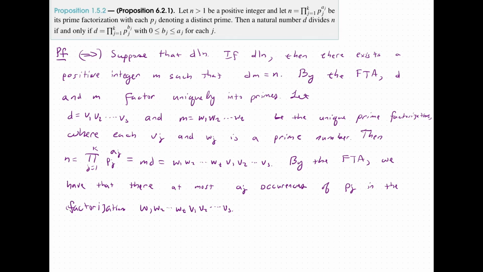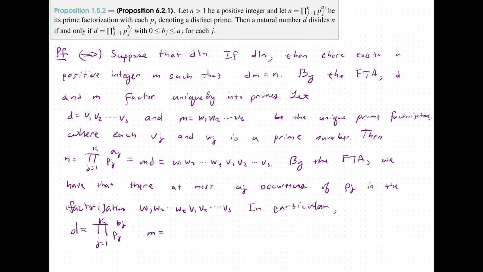And so if there are at most a sub j copies of some p sub j, this is telling us that this here must be equal to this here, but after rearranging, we have the following. So in particular, we get that d must be equal to the product from j equals 1 to k of p sub j to the v sub j.